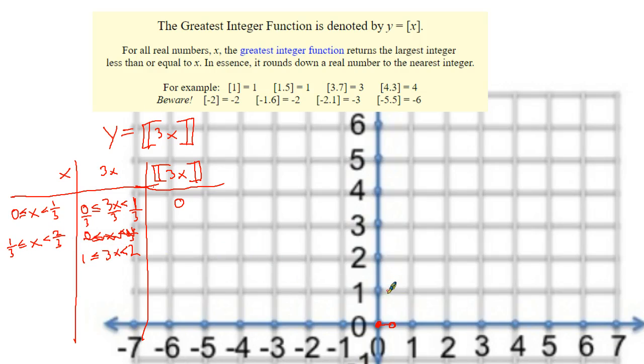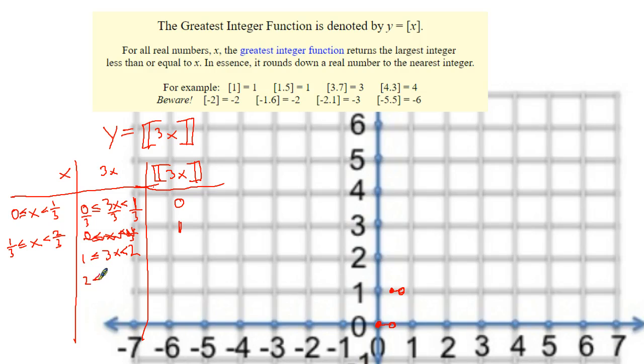So what it's saying is we go between 1/3 and 2/3, and since 3x is between 1 and 2, y is going to be 1. So when y is 1, we go between 1/3, closed dot, all the way up to 2/3, open dot. And I'm not graphing perfectly accurately because my squares are too small. And then we'll do one more just for fun.